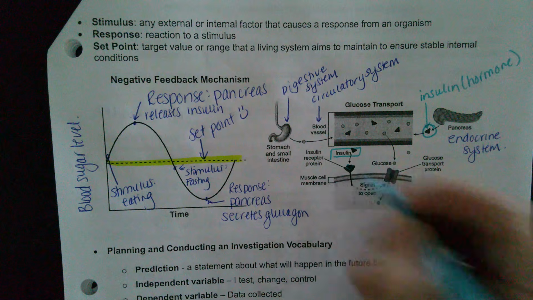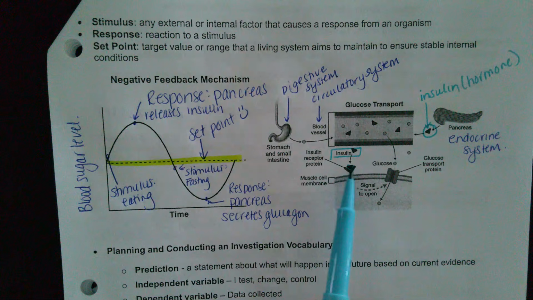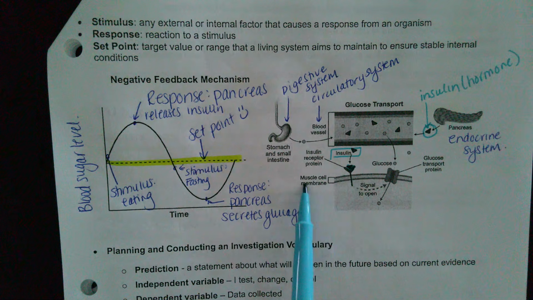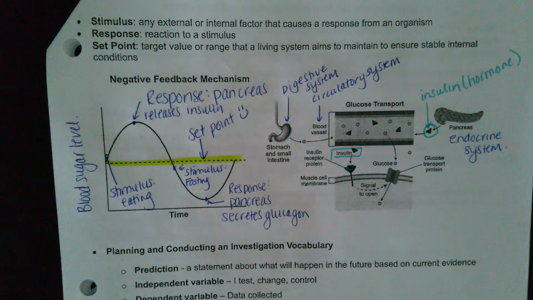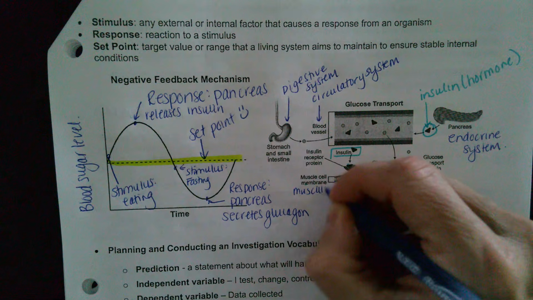And then eventually, it's going to make its way to its target cell. In this case, the target cell is the muscular cell. Remember, we'd have to write down muscular system.